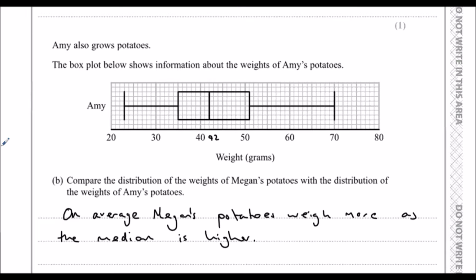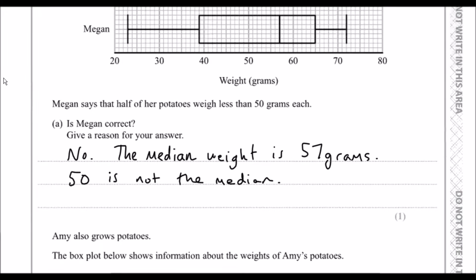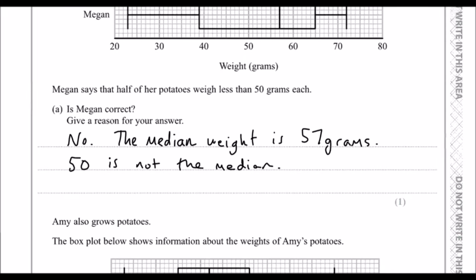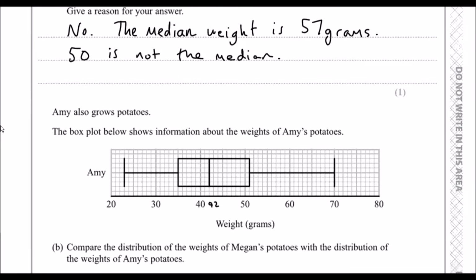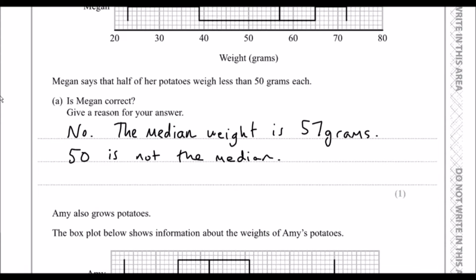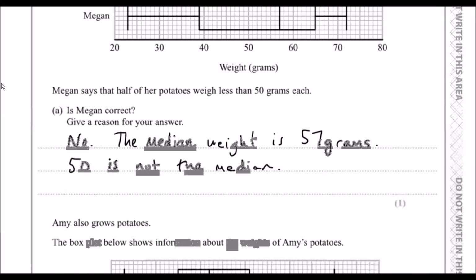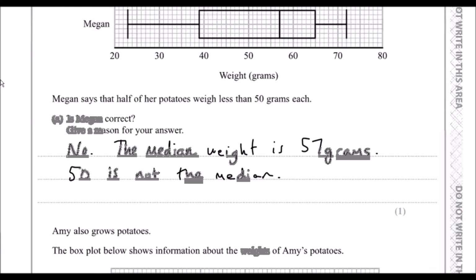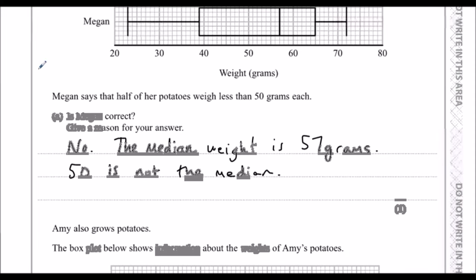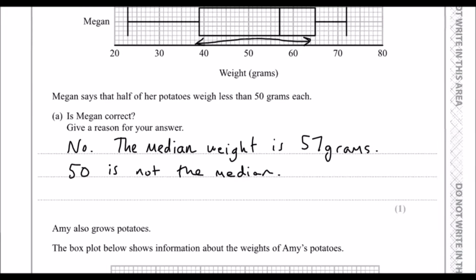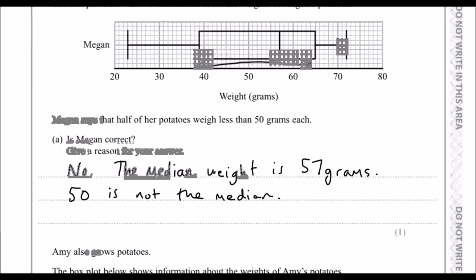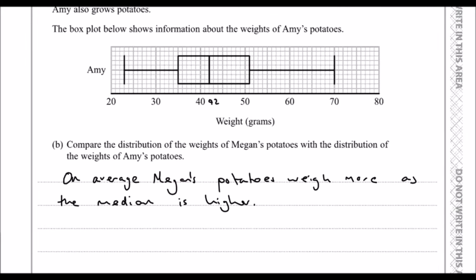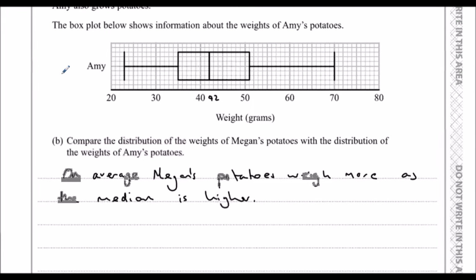And then we're going to compare a measure of spread. So the interquartile range, or the range, and we can see that Megan's interquartile range and her range are both bigger than Amy's. So the interquartile range is the gap between the lower quartile and the upper quartile. So we can see that Megan's is bigger. So she's got a bigger interquartile range, which means the weights are more spread out.